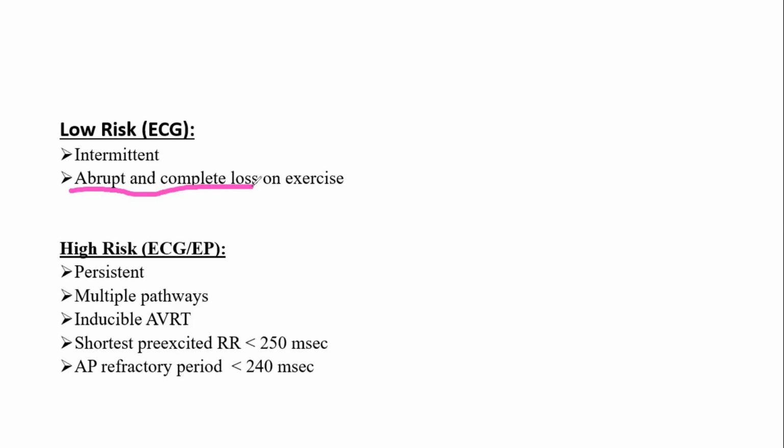You just start exercise and boom, there is no conduction at all. So it's abrupt and complete. This means these pathways do not have the tendency to conduct at a faster rate. Obviously, they will not be able to sustain a tachycardia. You get my point? You understand this point? Yes, sir, I got this point.